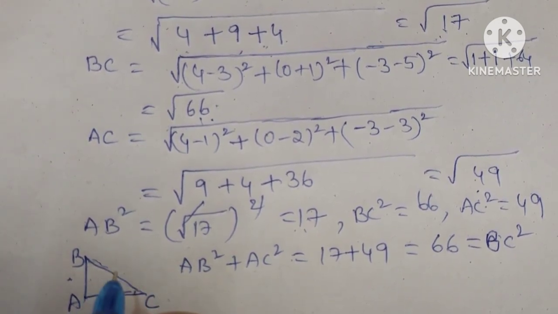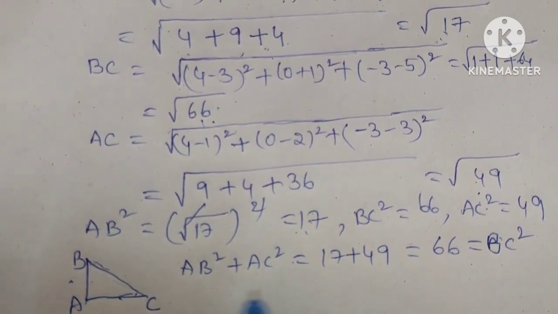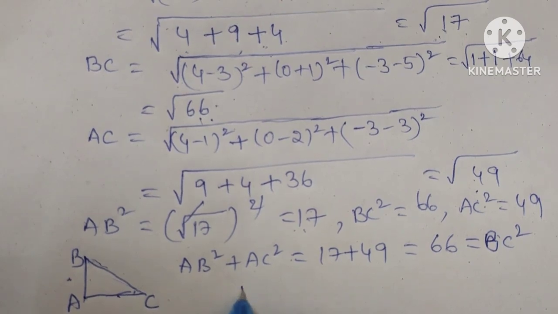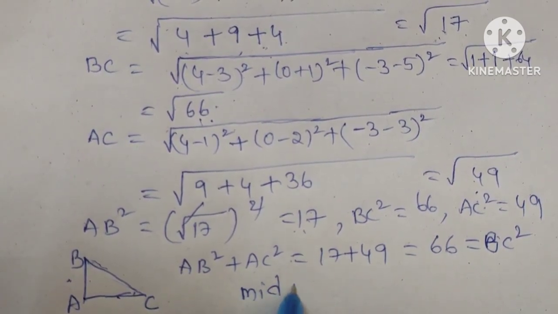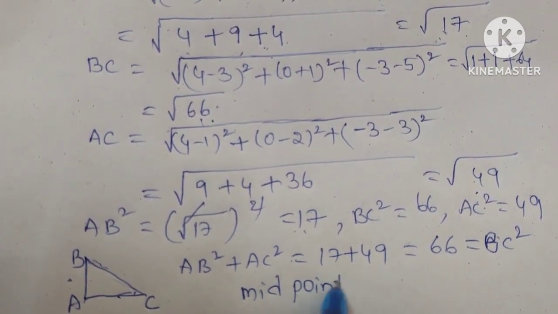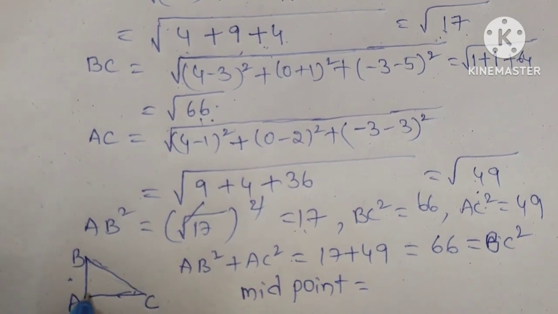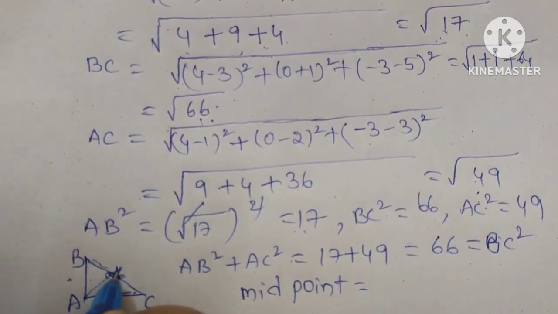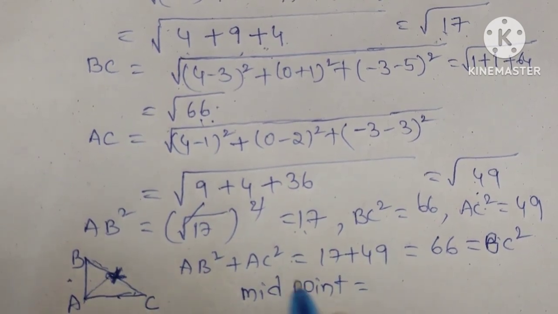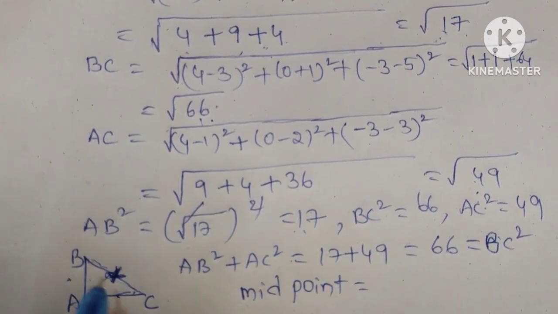Now I want the circumcenter. For a right angle triangle, the circumcenter is the midpoint of the hypotenuse BC.